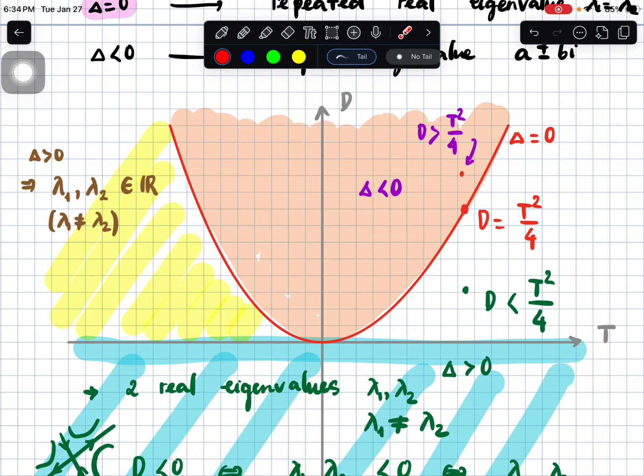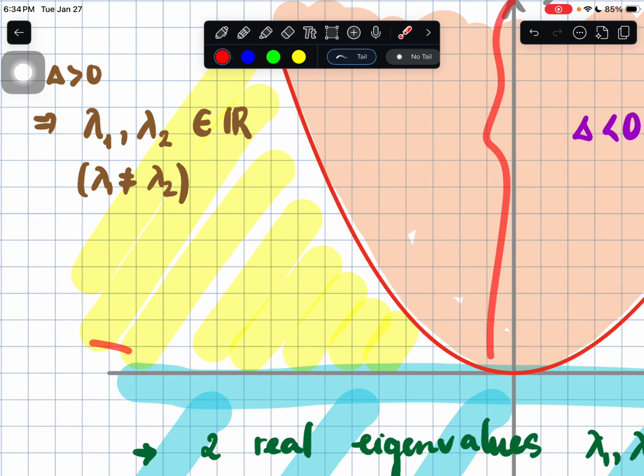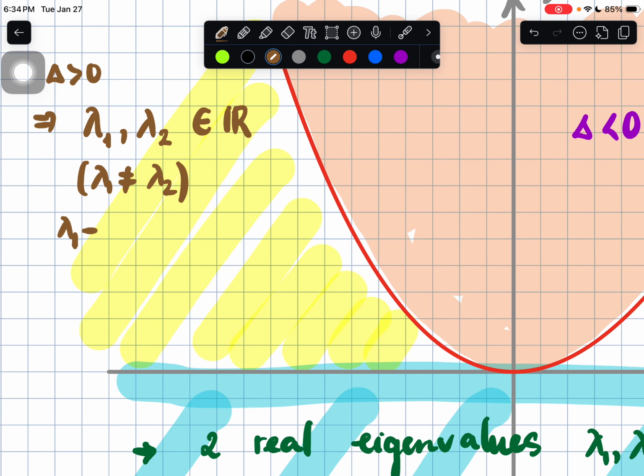We know that the trace is negative. So this side corresponds to negative trace, and the determinant is positive. So lambda 1 plus lambda 2, the trace, is negative. Lambda 1 times lambda 2 is positive.